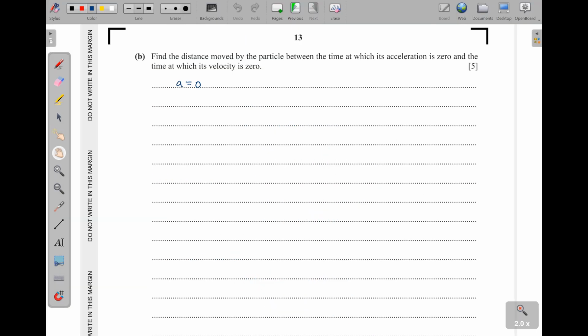So k, which is 3, into p minus 12t is equal to 0. So this is 3 into 26 minus 12t. Of course, when you divide all through by 3, that one disappears, and when you equate this to 0, t becomes 26 over 12, which is 13 over 6.